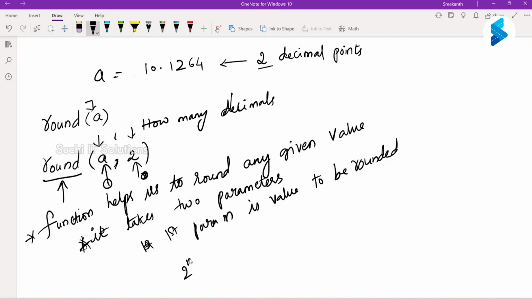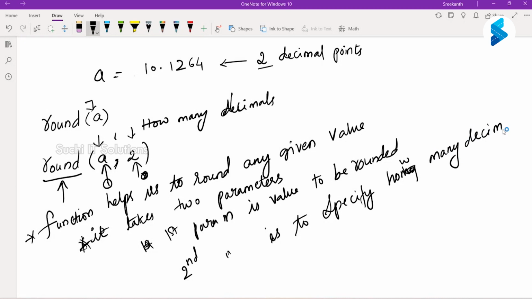The second parameter is to specify how many decimals. Okay, are we clear with this?